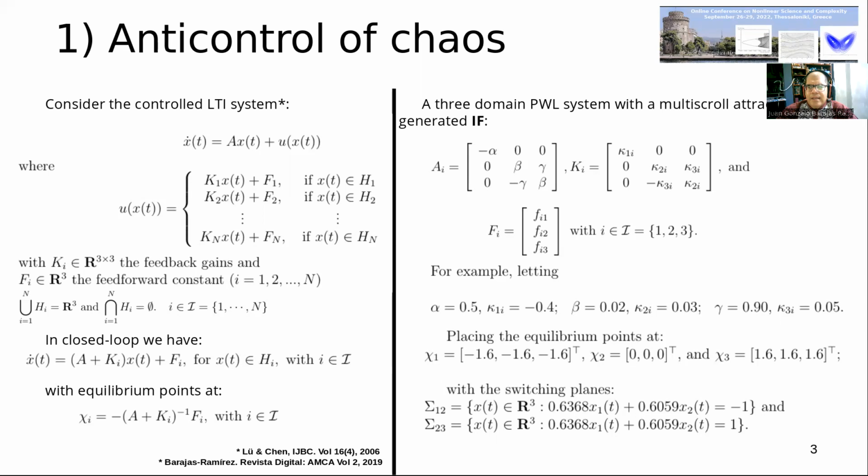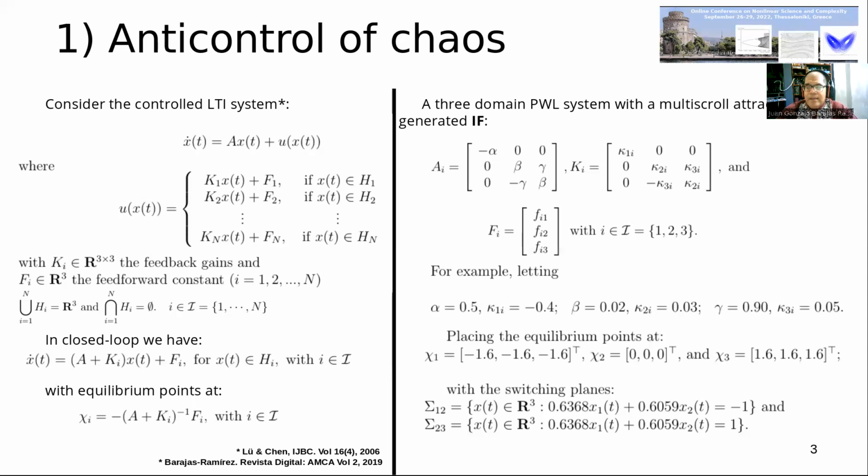In this case, we choose the location of the parameters as given here, so that you will have a stable eigen direction or eigen line associated with a real eigenvalue alpha, and an eigen plane that is unstable, where you have a beta as the real part of the eigenvalue and gamma as the complex conjugate value.